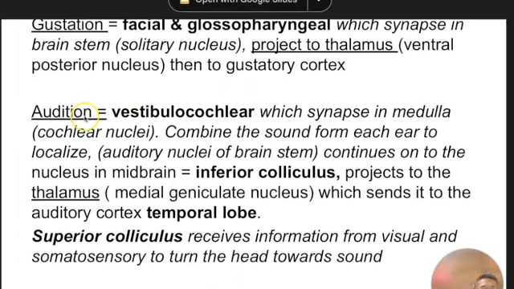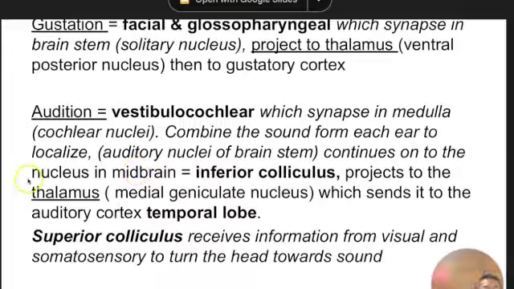Auditory, saw this as well. Vestibular is your balancing part. Cochlear is your hearing part, which then will synapse in the medulla, combined with sound from each ear, and continue to the inferior colliculi. You remember, superior colliculi is for visual, inferior colliculi is for hearing in the midbrain.